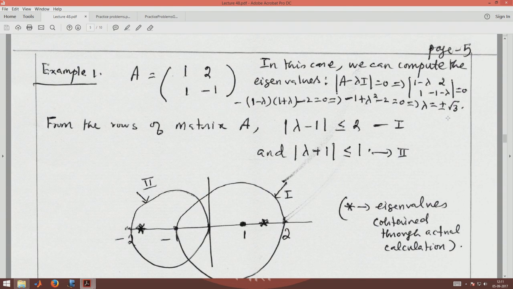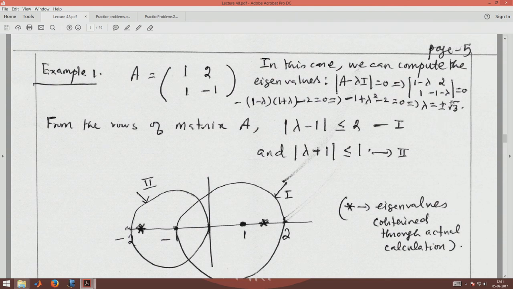So, one of the eigenvalues of matrix A is plus root 3 and the other is minus root 3. Now, let us apply Gershgorin's theorem and see what information we get about the location of these two eigenvalues.